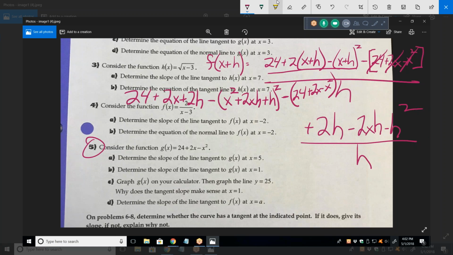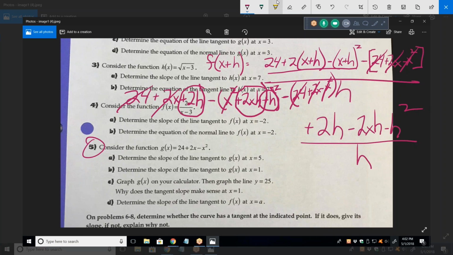And what I said is that everything without an h is going to disappear. Well, that 24 goes with that 24. That 2x goes with that 2x. That x squared goes with that x squared. What are you left with? That term minus that term minus that term. That's what I've got in my numerator. In my denominator, I have an h.